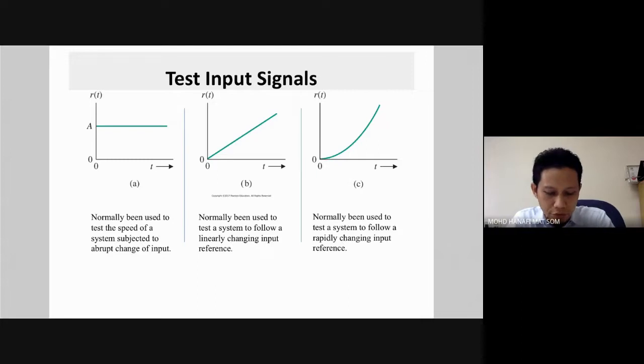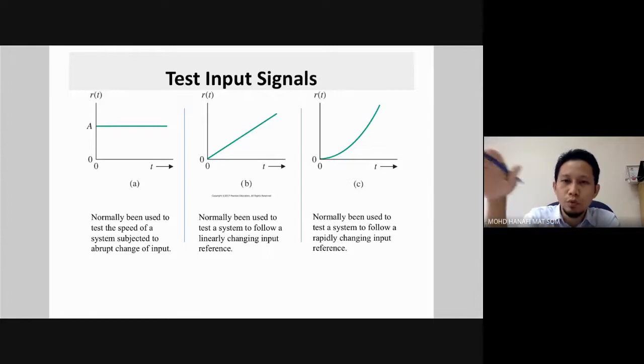So for the step input, it is normally used to test the speed of a system that is subjected to abrupt change of input. We have a system G(s), and we want to see what will happen when we give a step input.